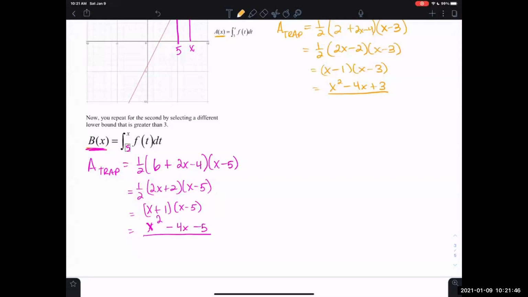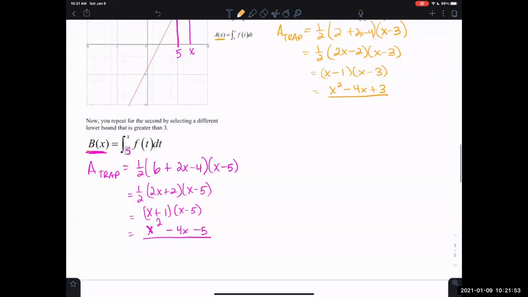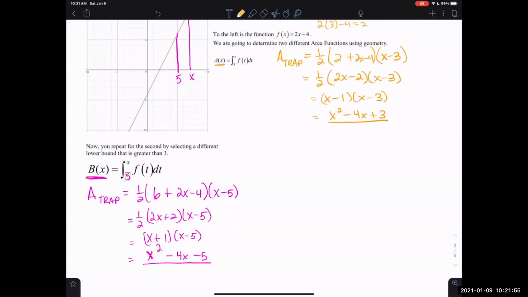Okay, welcome back. Go ahead and check your work against mine and see if you agree. And there's something that's happening here that was happening in the last set of problems as well. And hopefully you have noticed that they only differ by a constant, right?